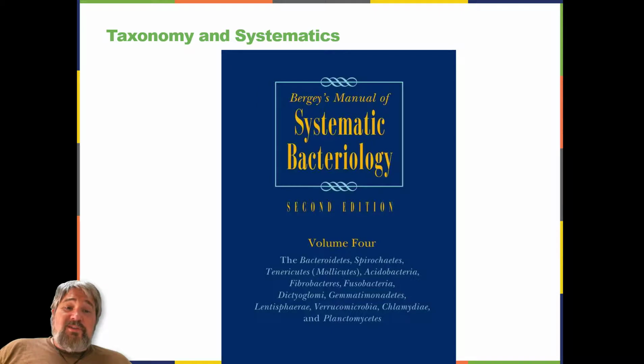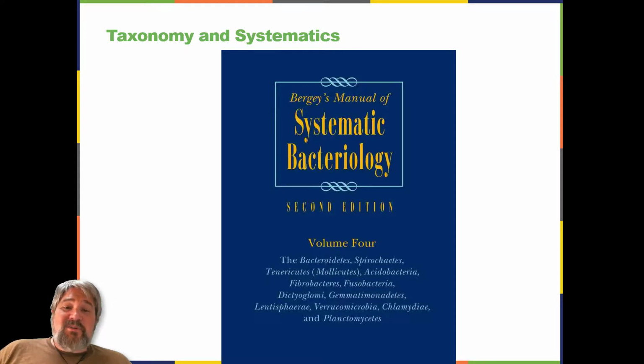Bergey also included the morphological, physiological, and biochemical properties of these organisms. His manual has been updated multiple times to include newer bacteria and their properties. It is a great aid in bacterial taxonomy and methods of characterization of bacteria. A more recent sister publication, the 5-volume Bergey's Manual of Systematic Bacteriology, expands on Bergey's original manual.